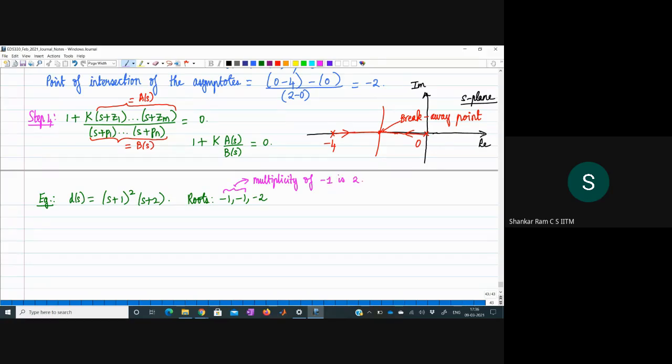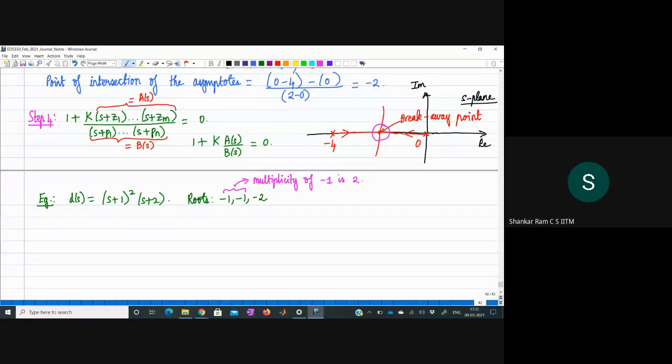So it repeats. Why are we worried about this repeating root suddenly? Because suppose there is a breakaway point at which two branches of the root locus intersect each other.